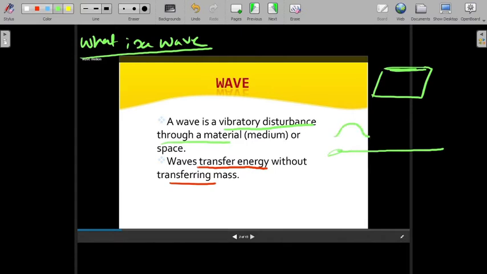The first thing that happens is that if we pull it up and then put it down, the first portion of the wire goes up, and then this vibration travels along. This is a kind of vibration.